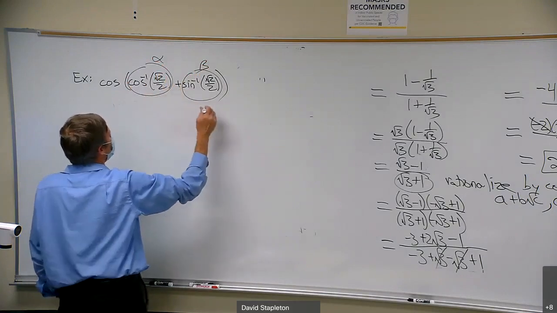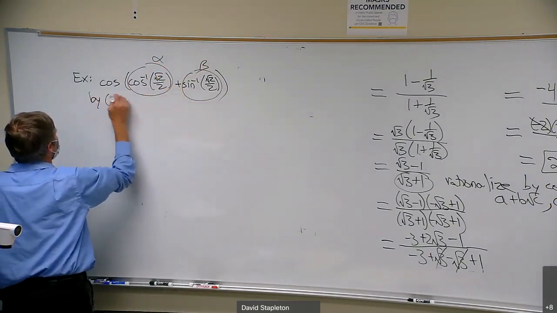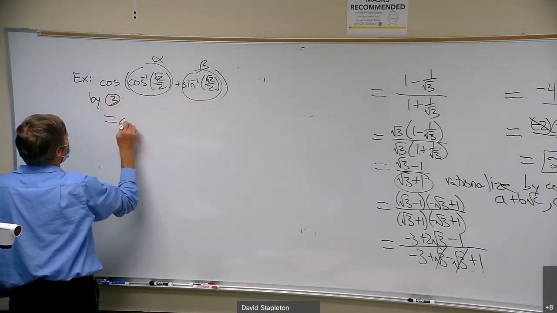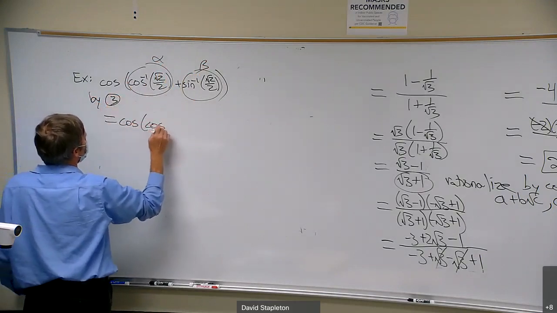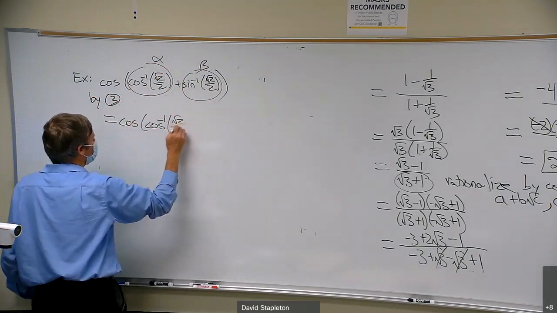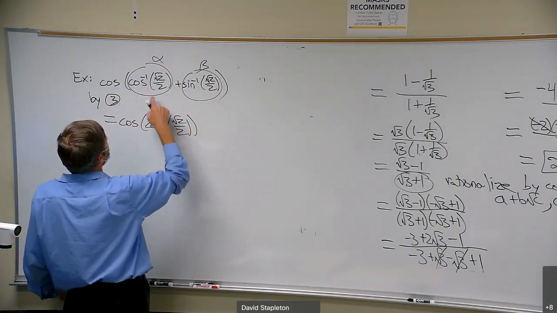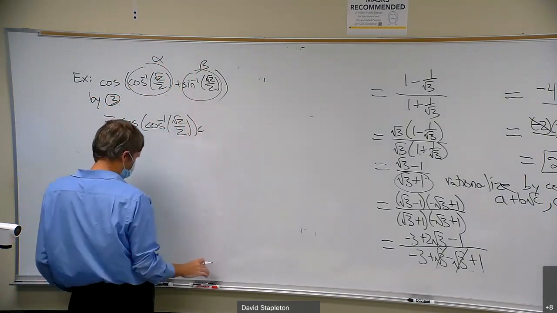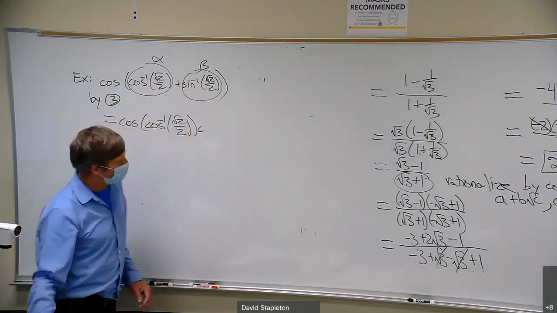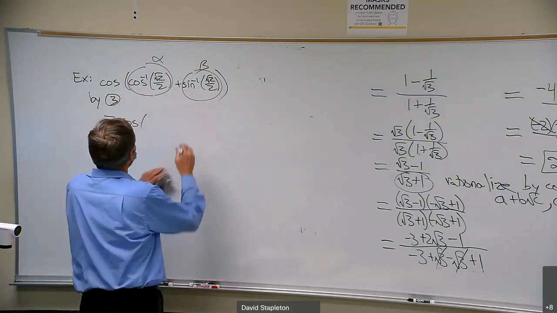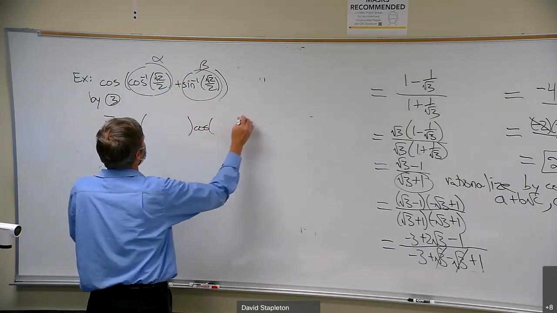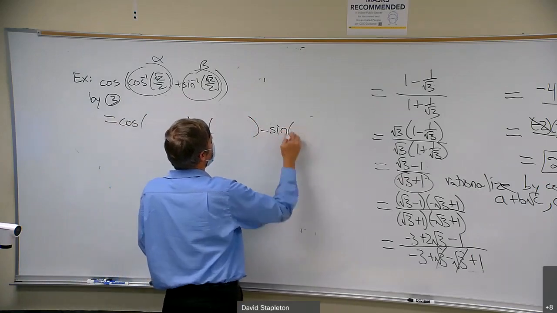If I can do that, by equation 3 for a cosine of the sum of two angles, it's cosine of the arc cosine of square root 2 over 2, right? Cosine of the sum is, let's put it in slowly here, cosine minus sine, right?